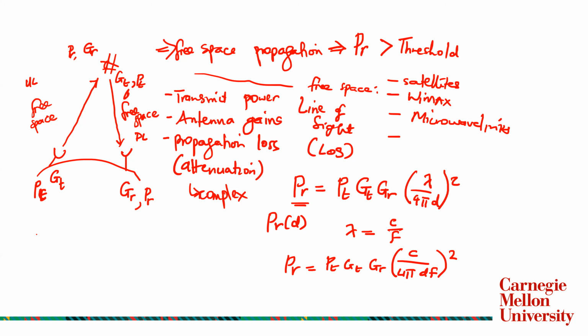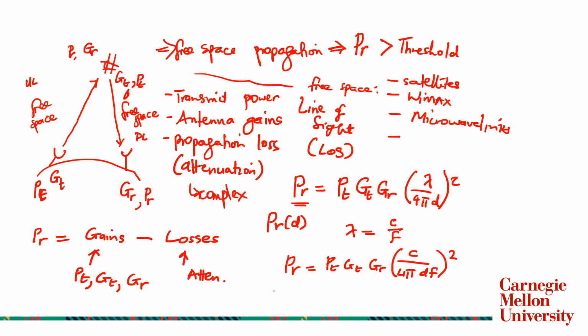Now it also goes without saying that the power received is basically equal to the gains minus losses. The gains include anything that is positive, which is power transmitted, gain of the transmitter, and gain of the receiver. Whereas the losses include the attenuation.